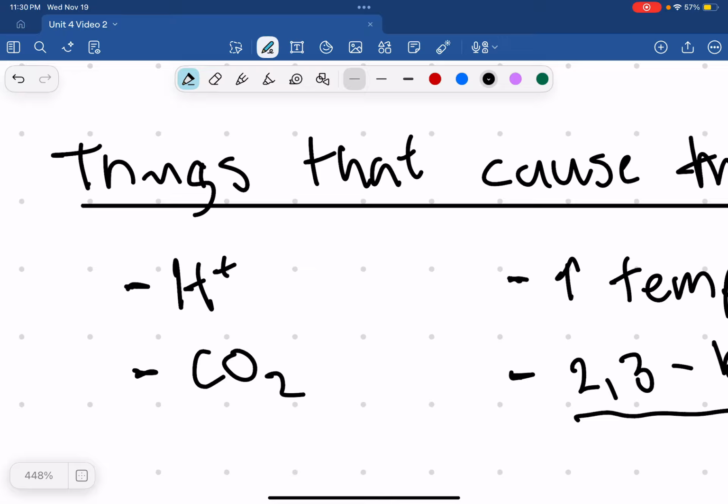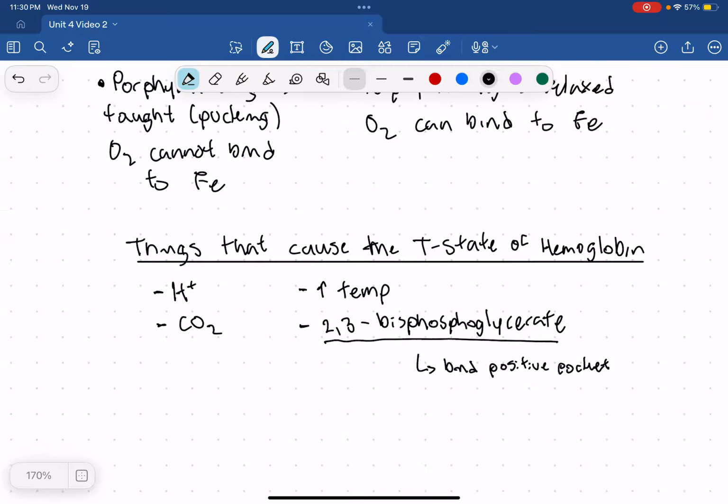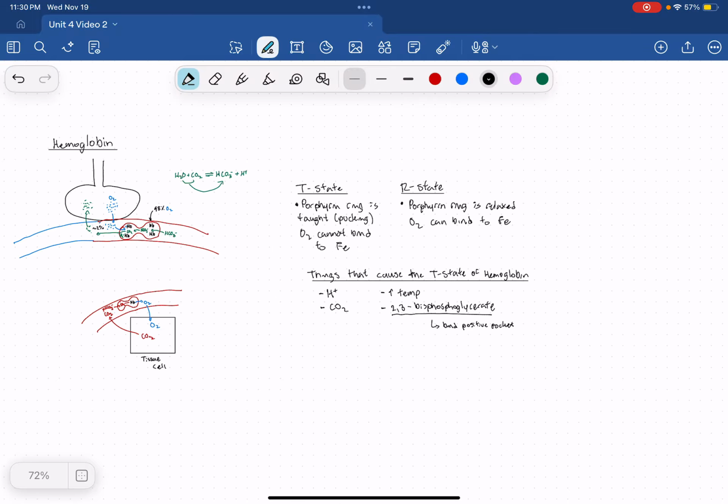So those things will be bound to hemoglobin, and when they're bound, it's in the T state. Increased temperature creates the T state for hemoglobin by just increasing the amount of kinetic energy it has. And so it's not going to be relaxed anymore. It's going to be taut when kinetic energy is increased.